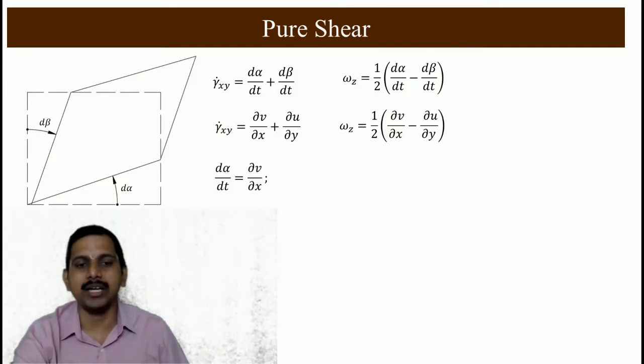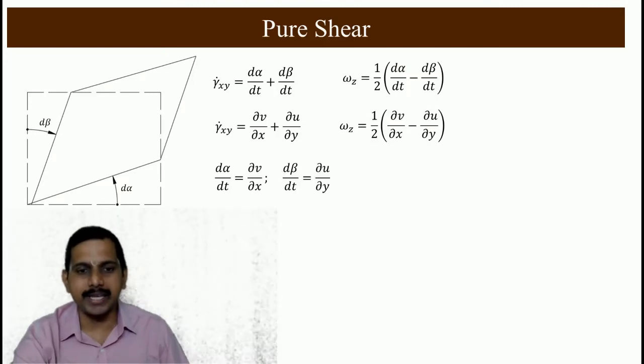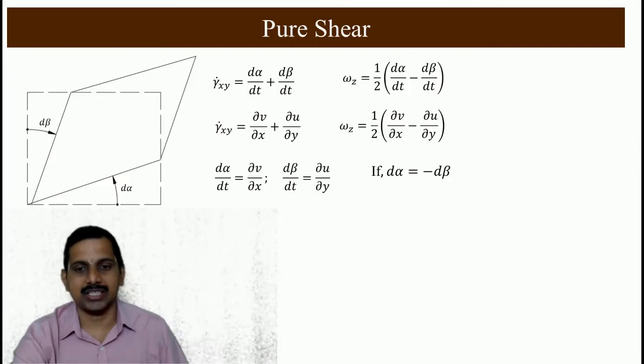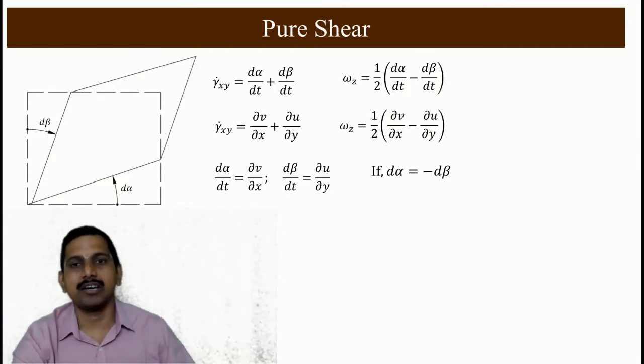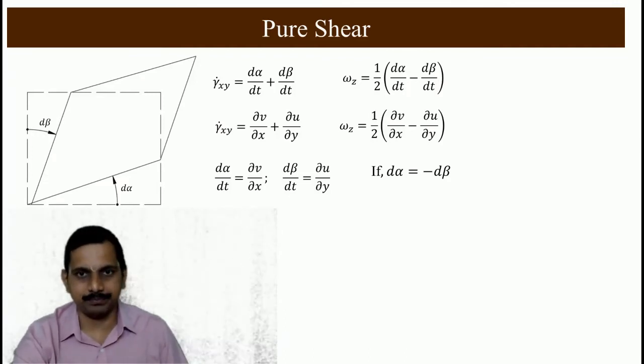So what is happening here? d alpha by dt is equal to ∂v/∂x and d beta by dt is ∂u/∂y. Now in this case, suppose d alpha is equal to minus d beta.